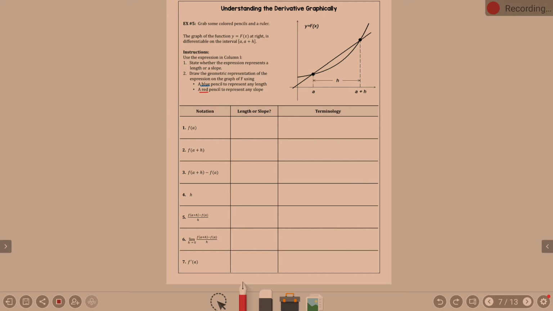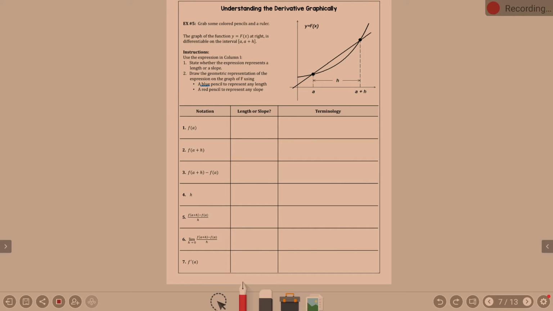So if this is a, then f of a is the y value, correct? I shouldn't be using one of the colors yet, because we haven't talked about whether it's a length or a slope. But the idea here is that f of a is this piece right here. It is the height of this point. And if it's the height of the point, is it a length or a slope?